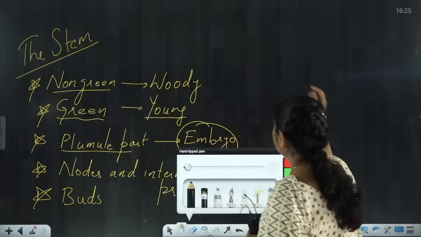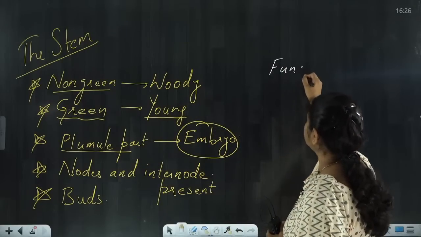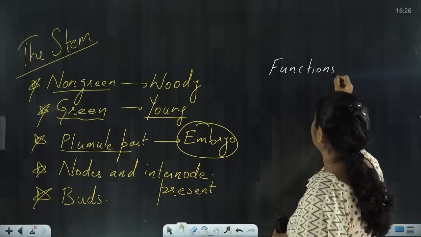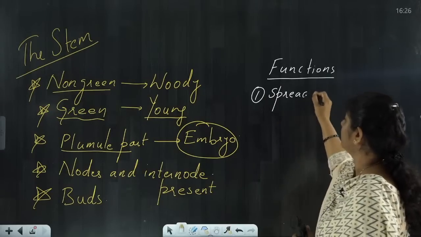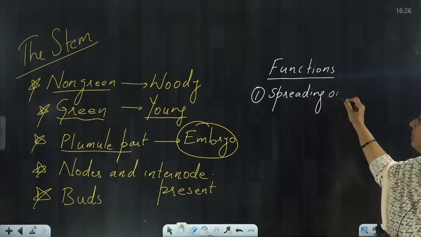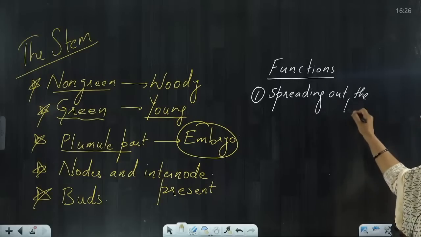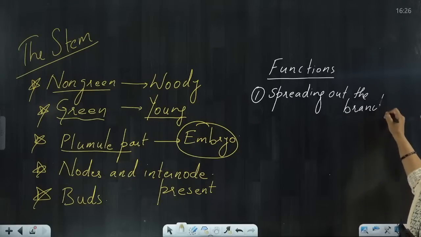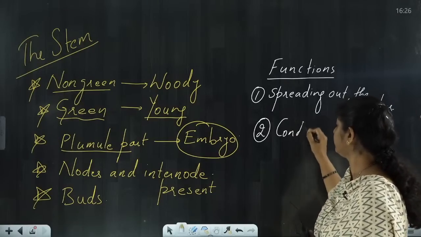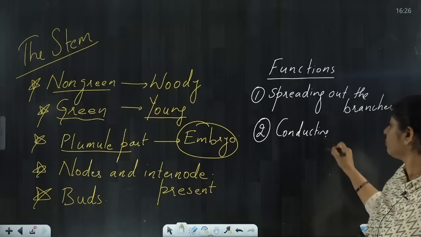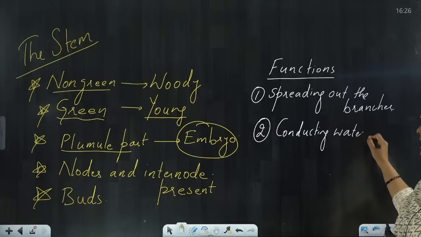What did I say are the main functions? Number one is what? Spreading out the branches. Are you getting that? Next is what? Conducting water and minerals.